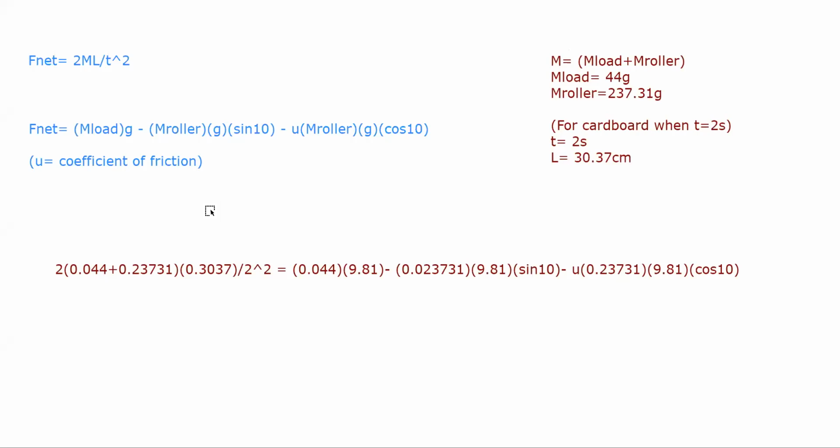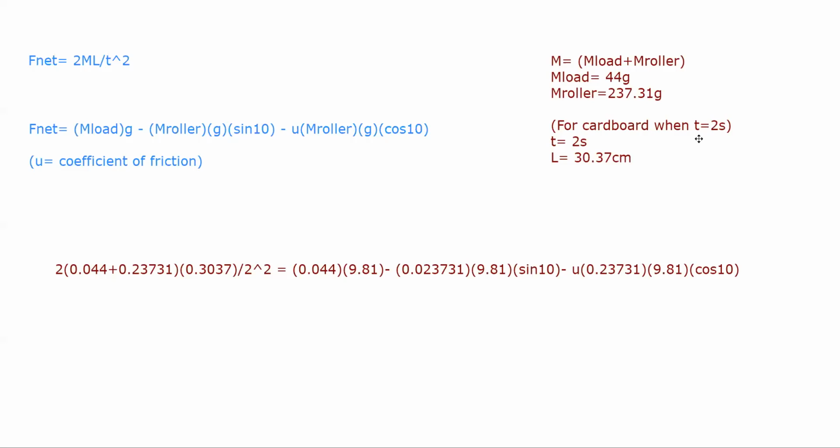Okay, so now we resume with our calculations. Previously, we know Fnet equals 2ml divided by t squared, and at the same time, we know that Fnet equals this: mLg minus mRg sine 10 minus coefficient of friction times mRg cos 10. This is the information we get from experiment 2: 44 gram, 37.31 gram, 2 seconds, 30.37 cm. So all we do is just plug in.